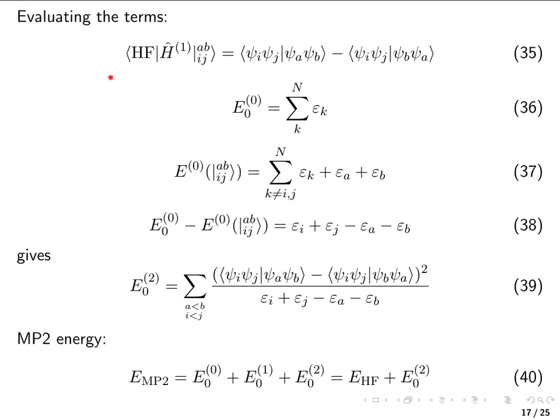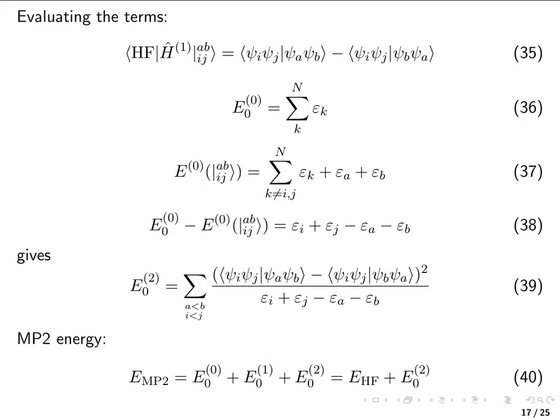So we have a matrix element between Hartree-Fock, this first order correction, this fluctuation potential, and the double excited determinant. And since there's a difference in two spin orbitals between the two determinants, because i is replaced by a and j is replaced by b, we only get one set of Coulomb minus exchange integrals, precisely those according to the Slater-Condon rules.